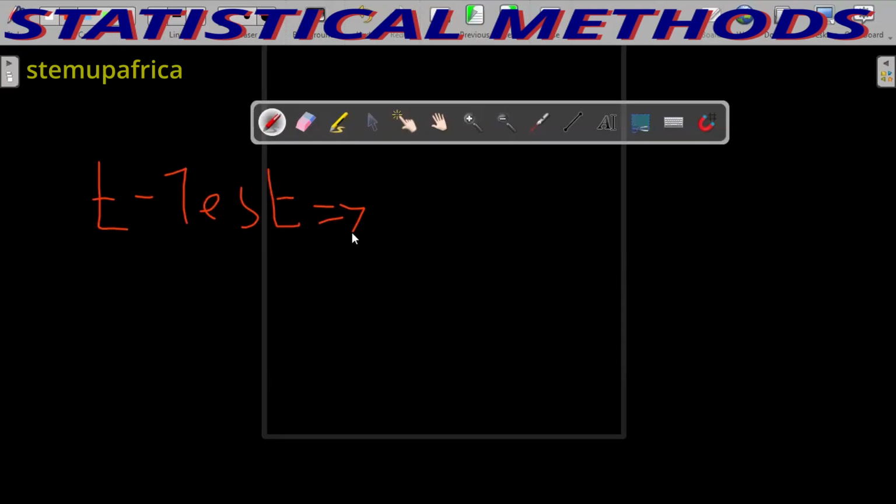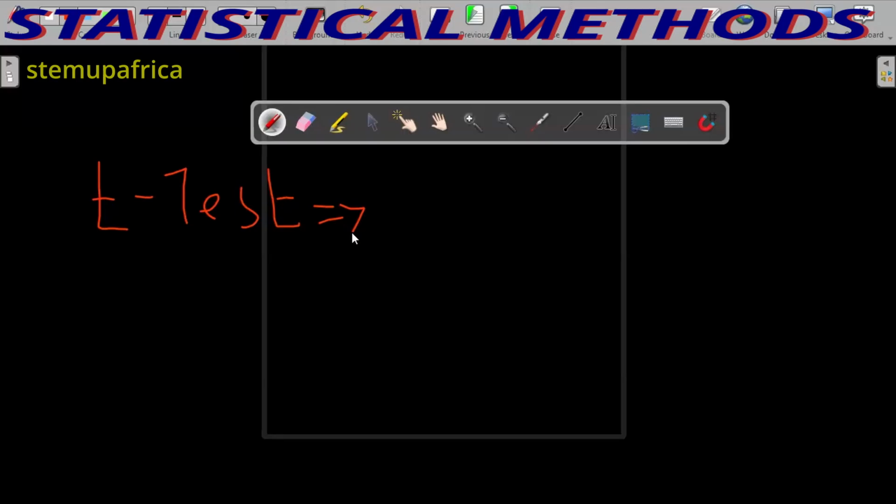The test will determine whether it is a true statement or a false statement. A hypothesis is just a declarative statement.